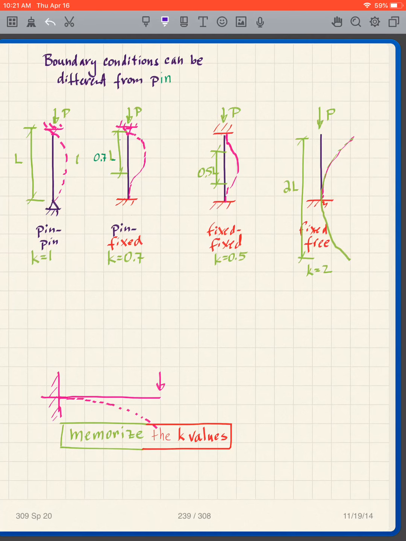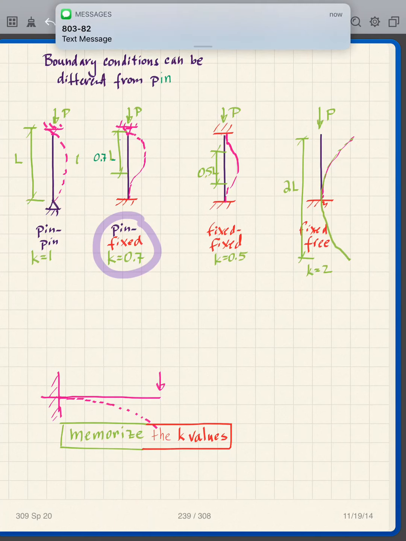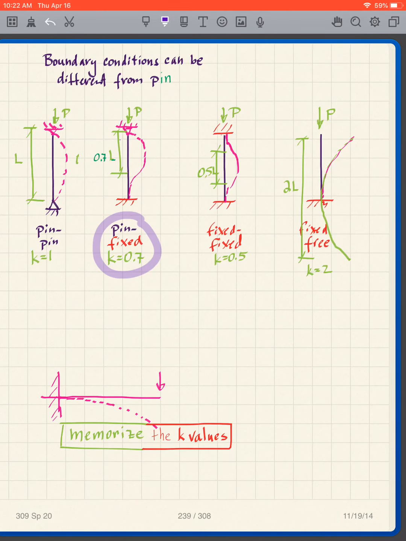As another boundary condition, we could have a pin-fixed condition. What does that mean? We have a pin here, so the column is free to rotate, but it's fixed here, so it goes straight out. That's a pin-fixed.